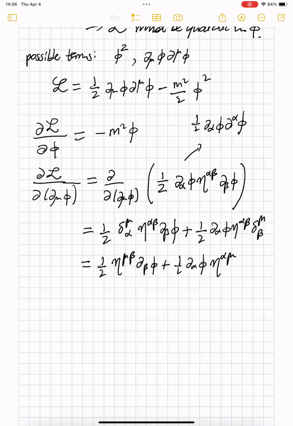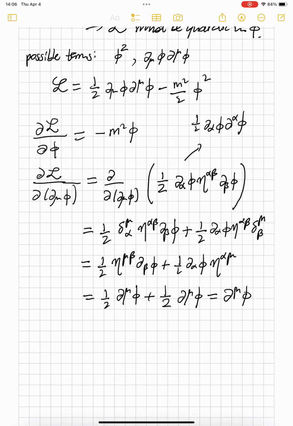In the second term, I did the sum over beta. And now I can just use that metric to raise the beta and make it a mu. So I'll get 1/2 d mu phi plus, and in the second term, I've got 1/2, and I can use the metric to raise the alpha index and give me a mu, d mu phi. If I add those two, I just get d mu phi.